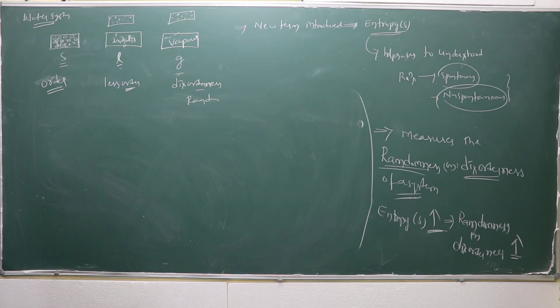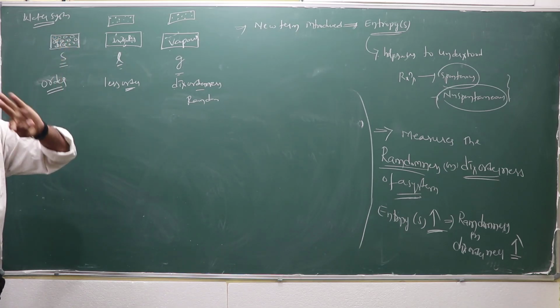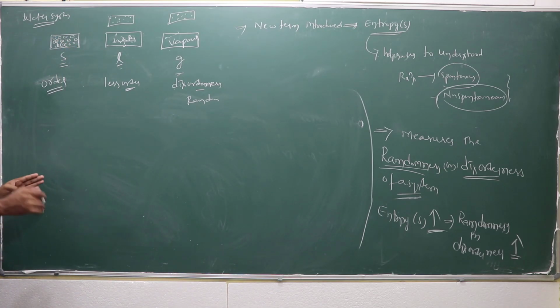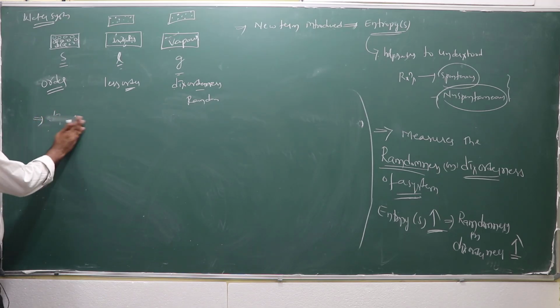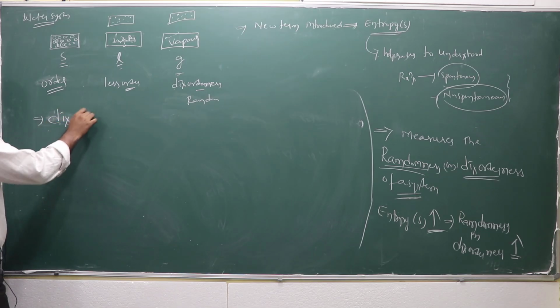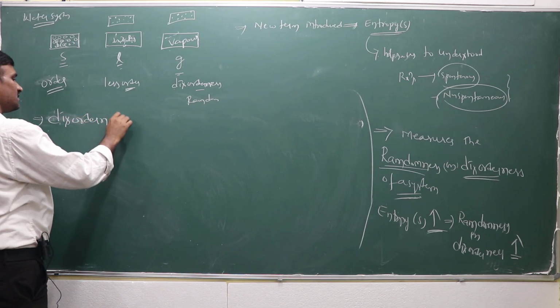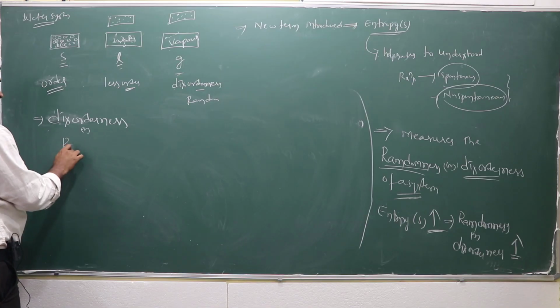Even though defects may be there, which we can discuss later from the solid state point of view, it is considered a well ordered form. That means in solids, suppose we consider the disorderness or randomness.